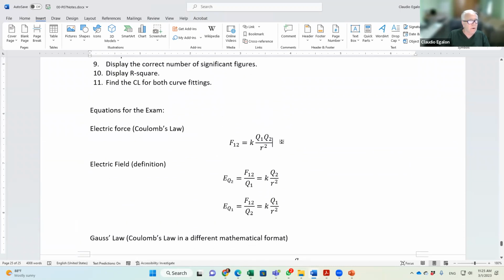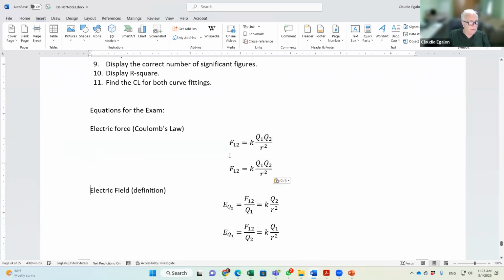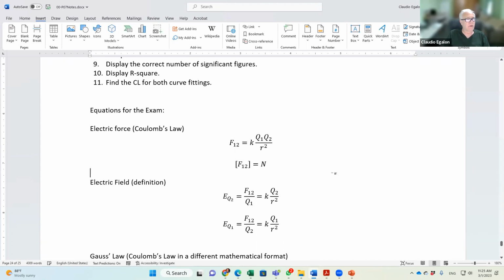Let's look at the units. I didn't put the units here. It doesn't matter if it's an electric force or a gravitational force, every force has the same unit, the unit of newtons.